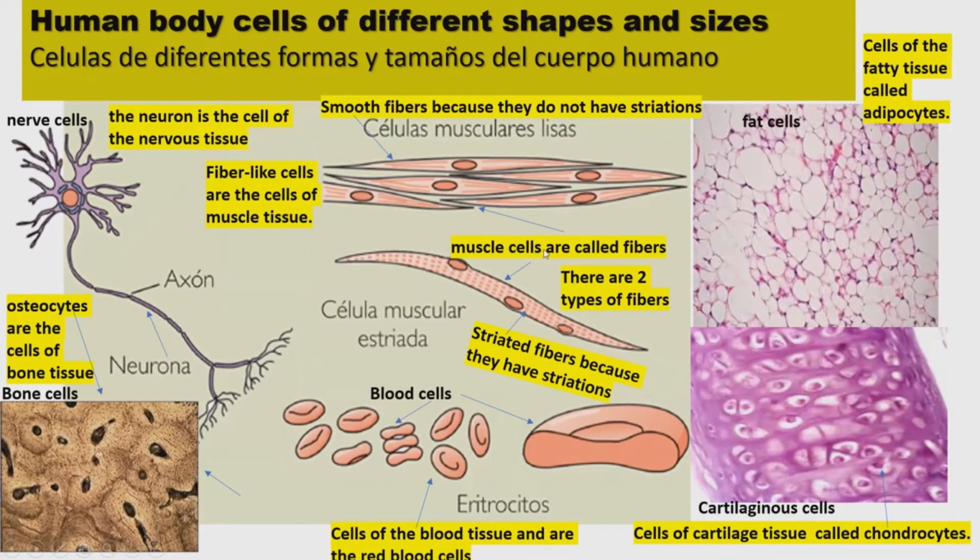Muscle cells are called fibers because of their form, like fibers. There are two types of fibers: smooth fibers, because they do not have striation, and striated fibers, because they have striation.